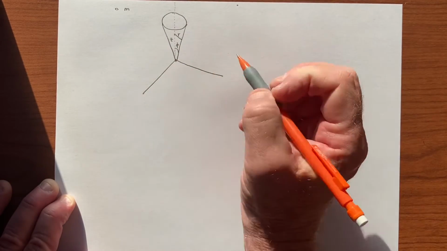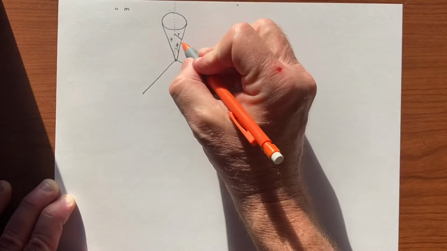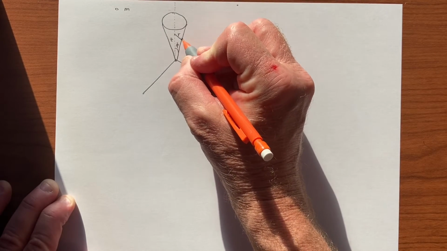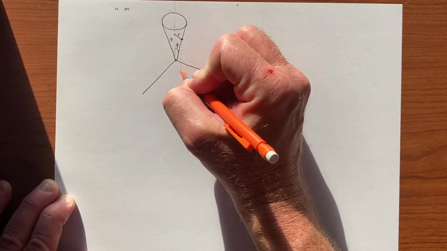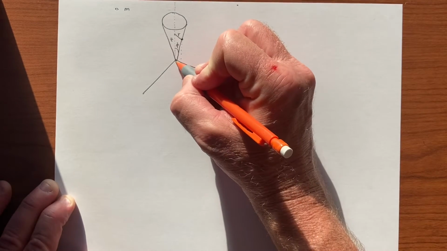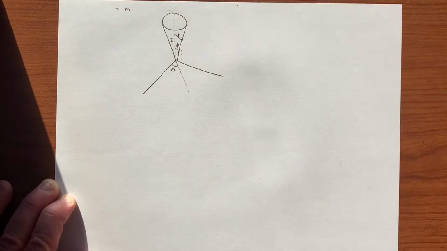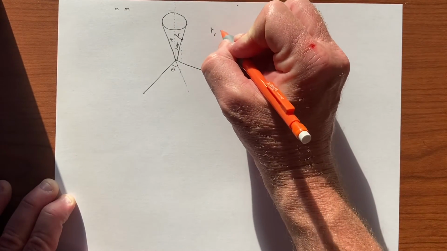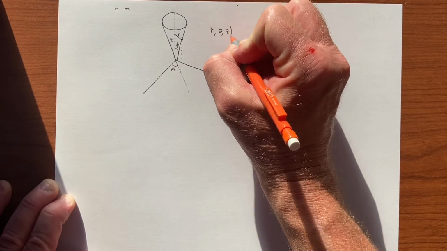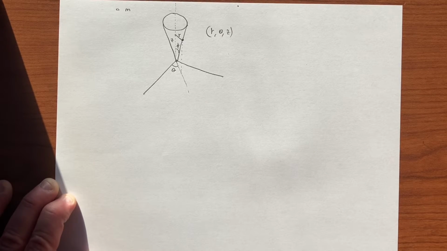So the location of the particle is there. Then here we have some angle theta. And so we have some r, theta, z coordinates to describe this particle's location.